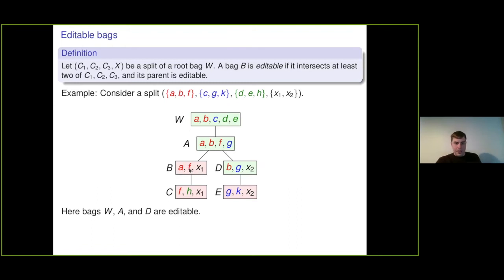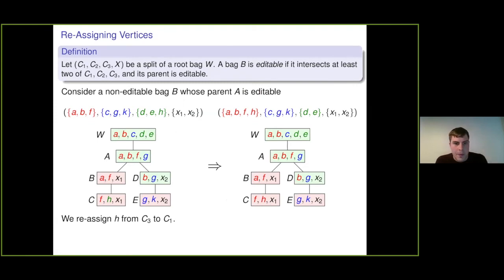Then this bag C intersects both components C1 and C3, but its parent is not editable, so we define it to also be not editable. And then here D is editable, and again E is not editable.